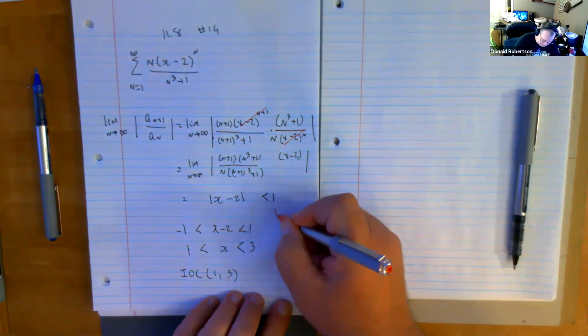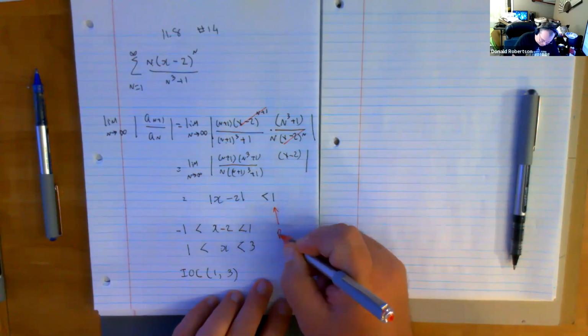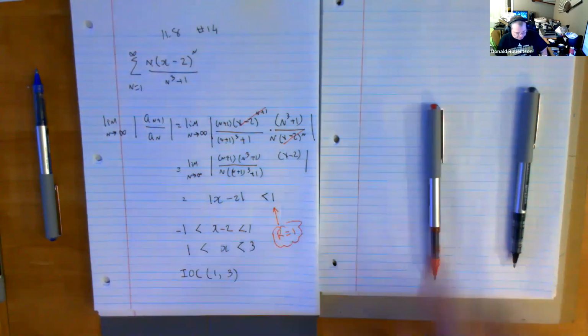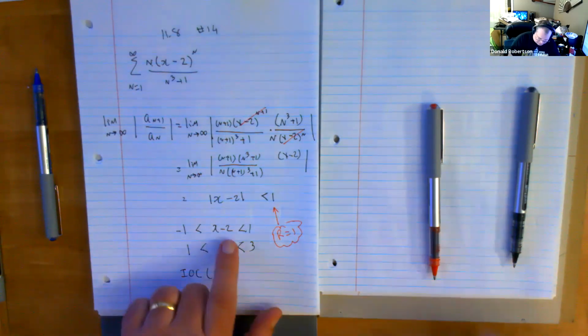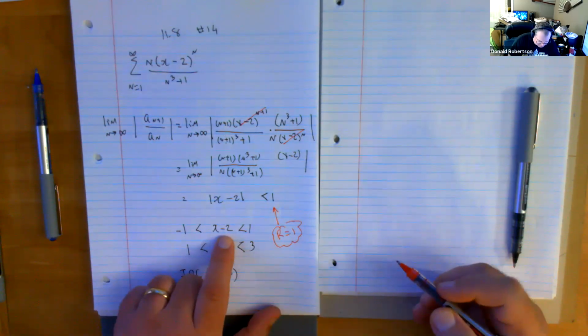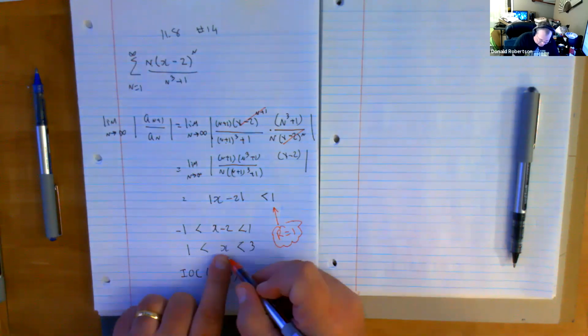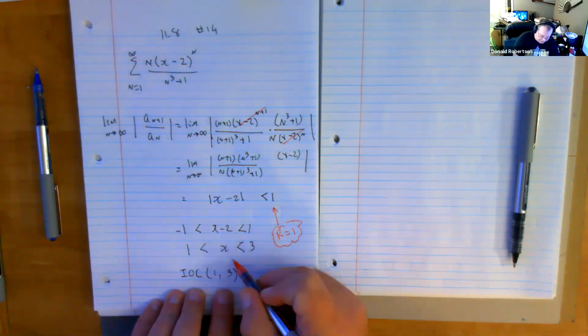How about R, the radius of convergence, is just 1. Is that right? Yes. Can you imagine where the middle of this interval would be? Wouldn't it be at 2?